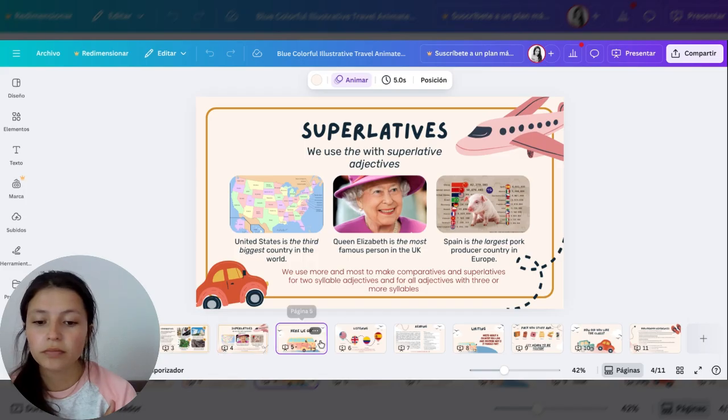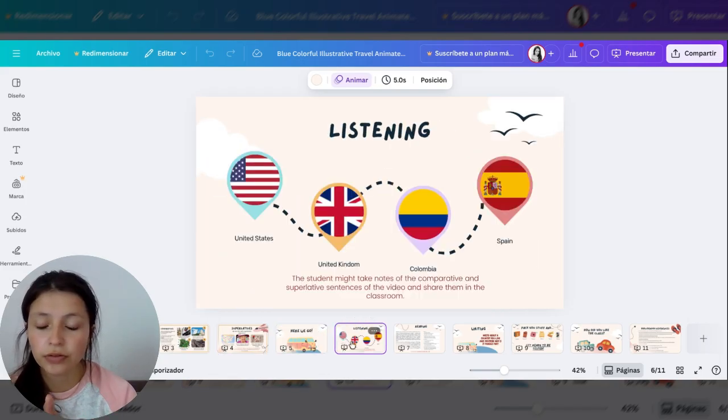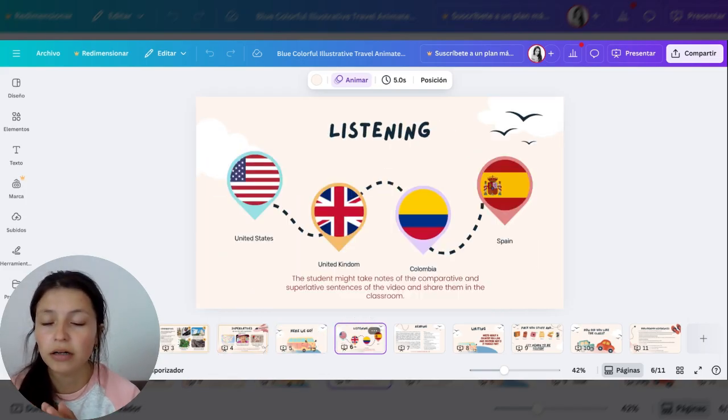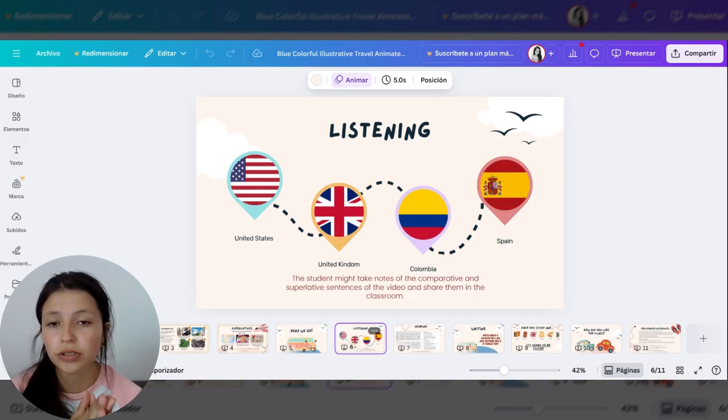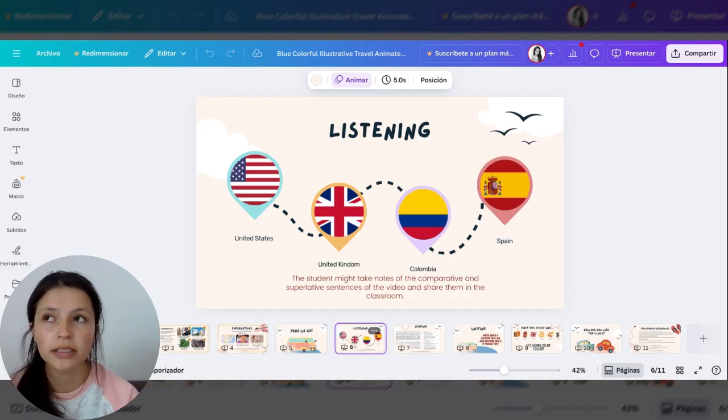So this activity that we're gonna do right now, listening, is we're gonna listen to people talking about their country and describing what it is famous for: United States, United Kingdom, Colombia, and Spain. What I want the students to understand also is how the accent changes and how people express their ideas, because it's not the same culture, it's not the same opinion, it's not the same roots.